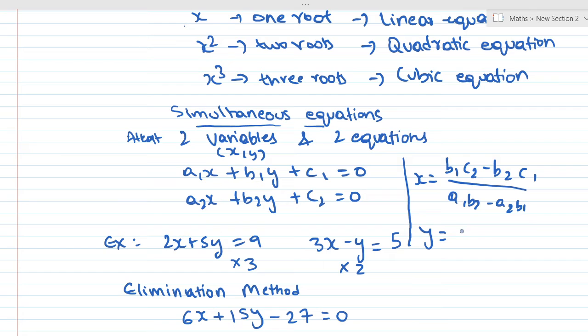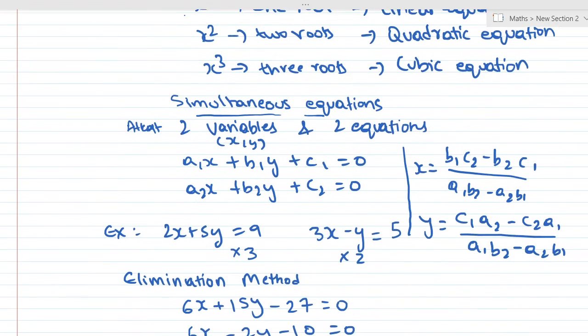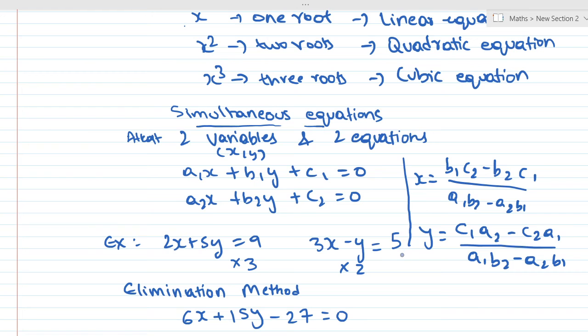Y is equal to c1 a2 minus c2 a1 divided by a1 b2 minus a2 b1. So if you remember this, you can easily get the answer instead of solving everything. We'll try to find the value of x and y in this equation.